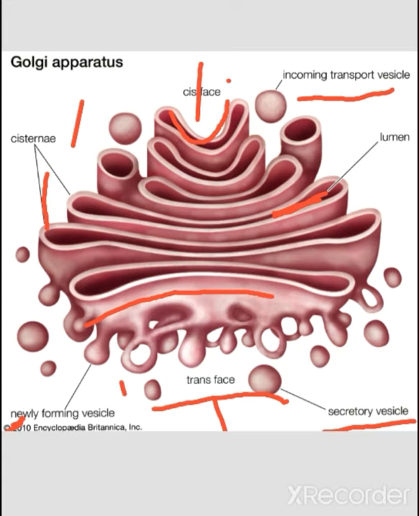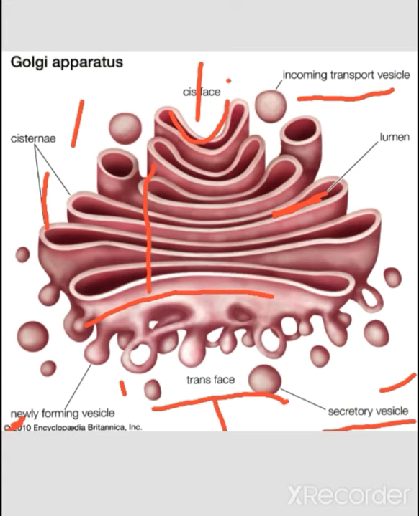The delivered transport vesicles come into the Golgi apparatus, are modified inside it and dispatched out, here you can see, in the form of secretory vesicles. These can be dispatched out of the cell or inside the cell cytosol. So the materials are delivered either to intracellular targets or secreted outside the cell.